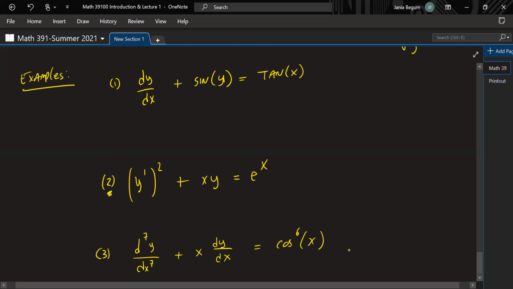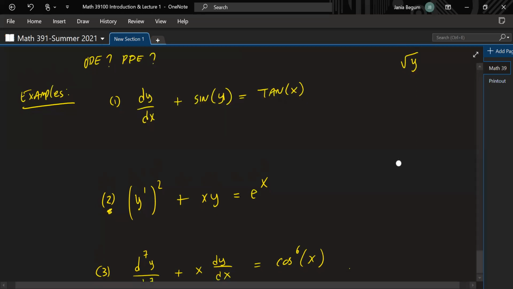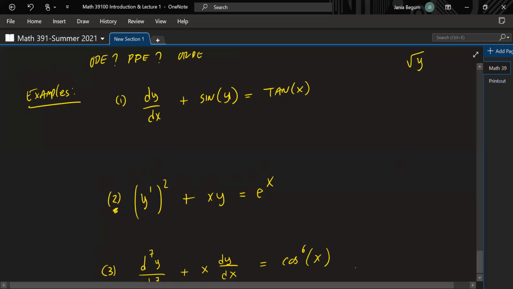Okay, so here are three equations. I want you to write down if it's an ODE or if it's a PDE, and then the order. What is the order?